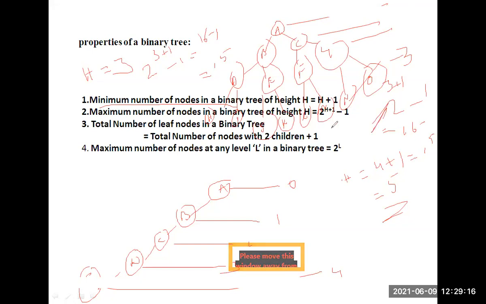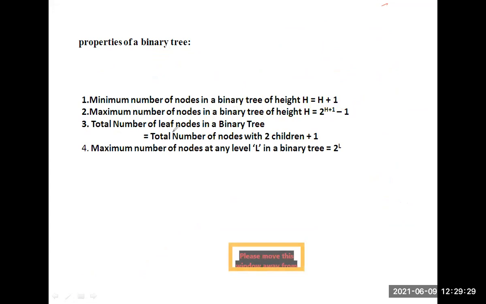So that is the maximum number of nodes at height h: 2 power h plus 1 minus 1. The minimum number of nodes is h plus 1. These are the two properties. Next, third property: the total number of leaf nodes in a binary tree is the total number of nodes with two children plus 1.